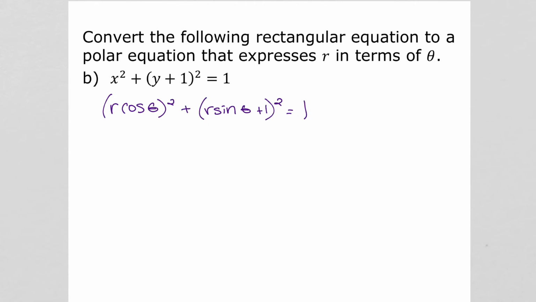Then we have to do a lot of algebra in here. So move that square onto both our r and our cosine. With r sine theta plus 1, we've got a full square. So that'll give us r squared sine squared theta plus 2r sine theta plus 1.